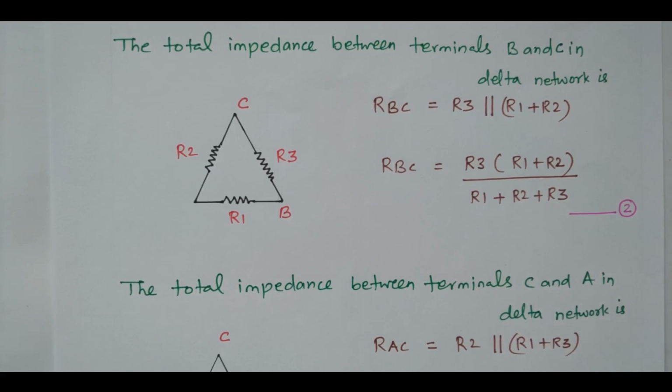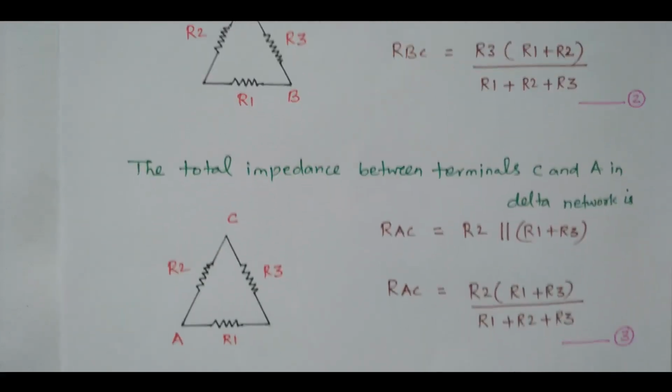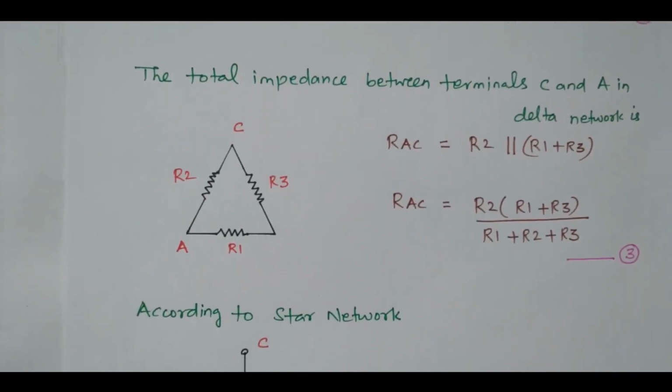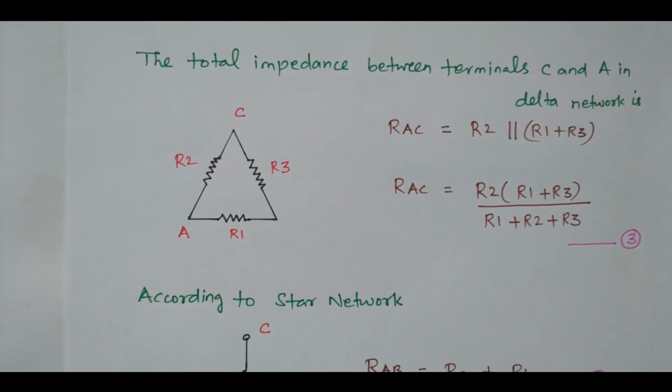Now we'll go to the next two terminals, the total impedance between C and A. First AB, BC, now C and A. Here terminal B is not considered. It's an open terminal. What is the resistance between C and A? R2 in parallel with R1 and R3.